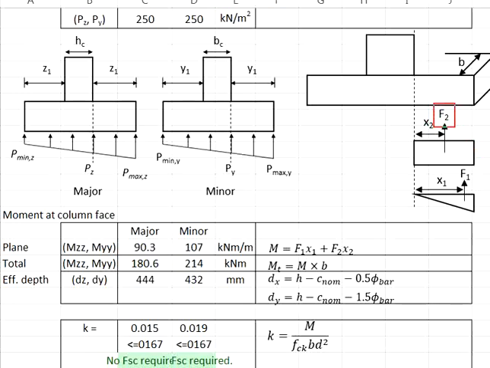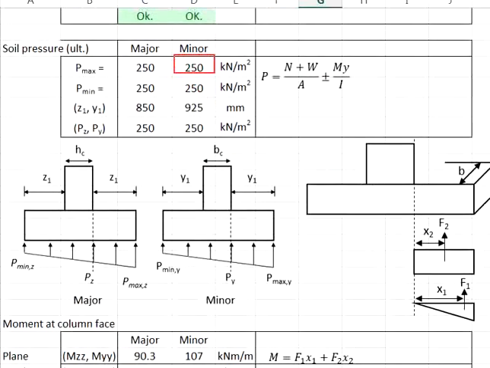First, you need to determine the force by taking the pressure 250 kN per meter square, multiplied by Y1, which is 925 mm. That gives you the force here, times the lever arm, which is this 925 divided by 2.